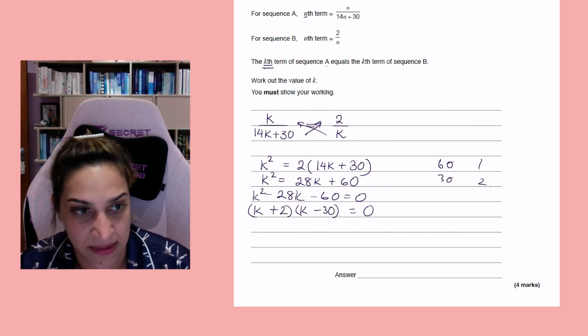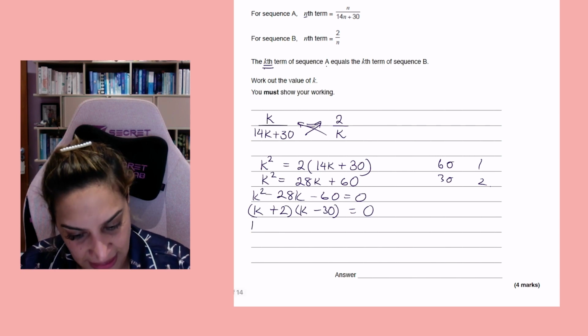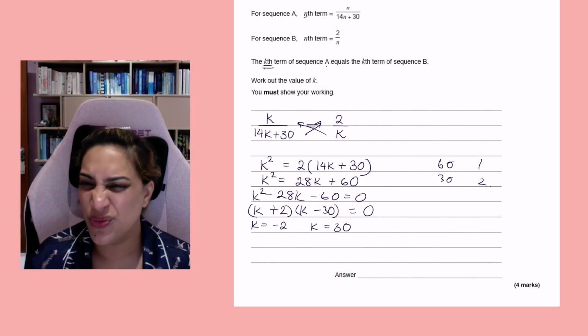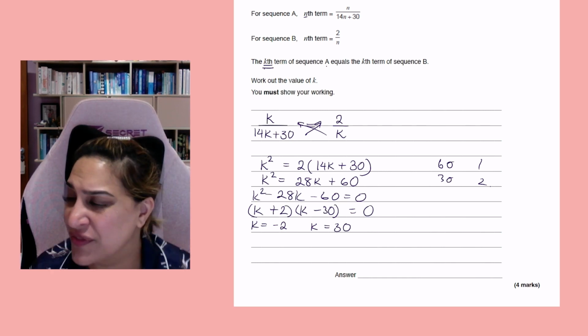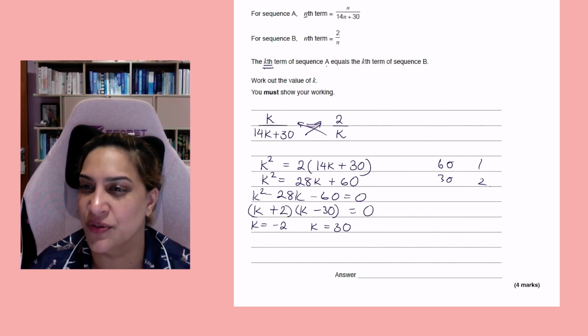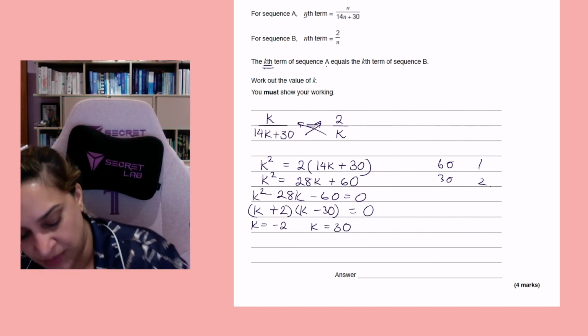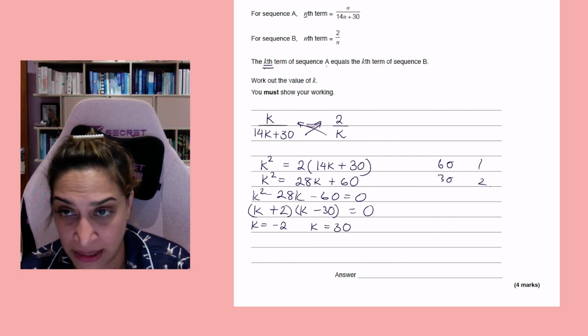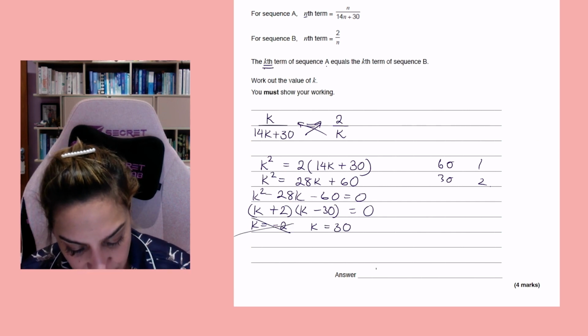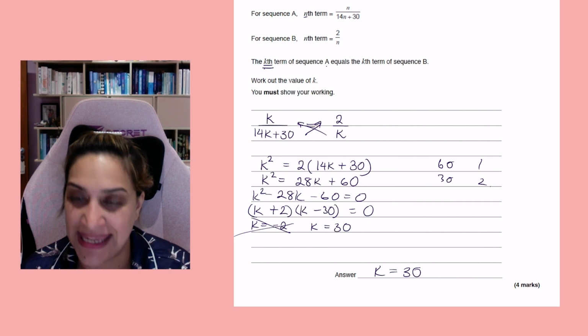So then we end up with k equals minus 2 or k equals 30. Which one of those doesn't make sense? Can we have a minus term of a sequence? We can't. We've got the first term, then the second term, and the third term. We can never ever have a minus term. So we're going to cross that out, and we've got k equals 30.